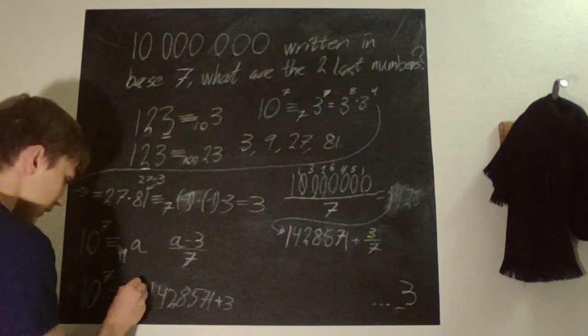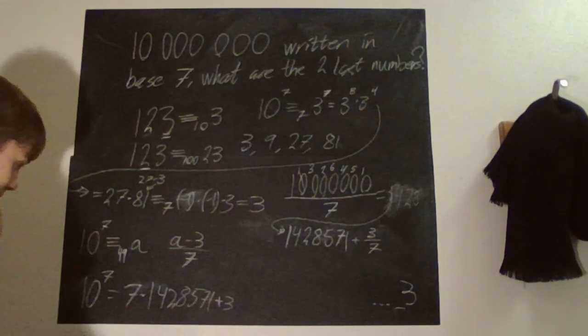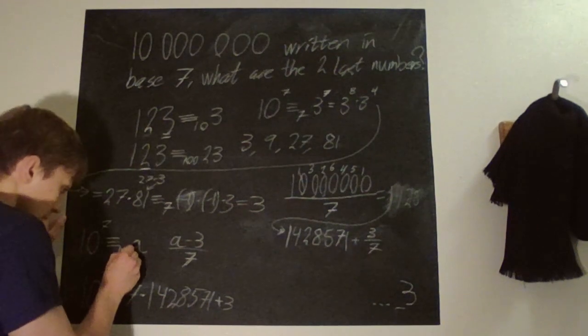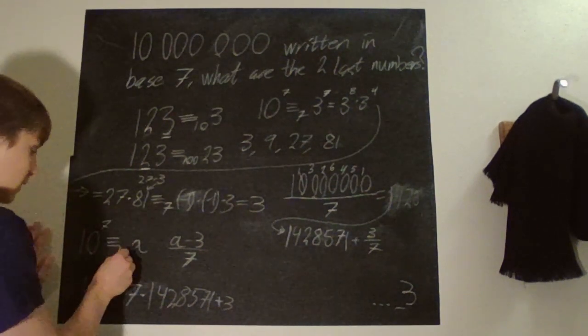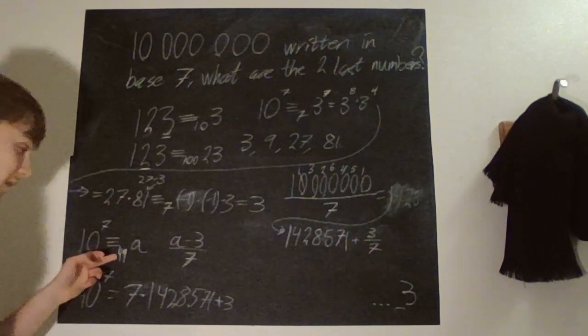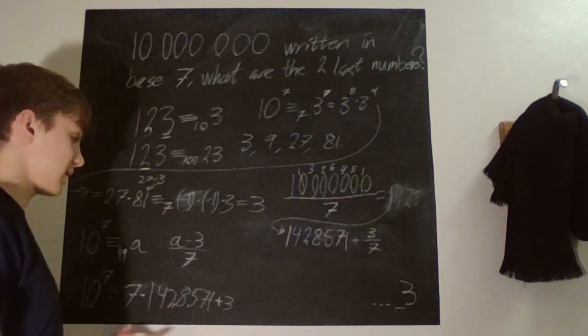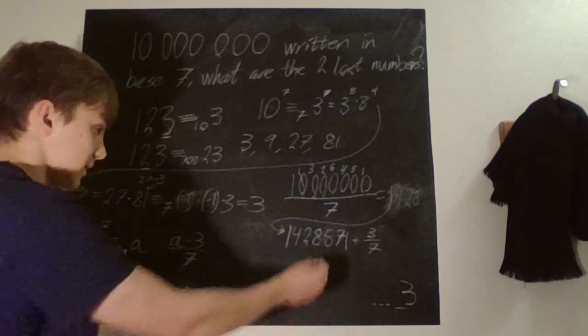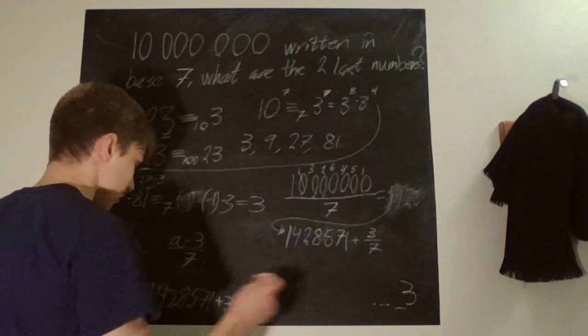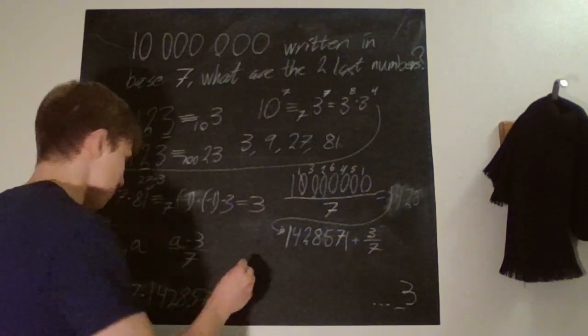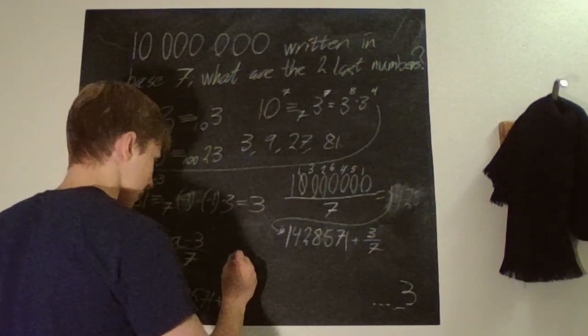Because we want the remainder when dividing by 49, we can just divide this thing by 7 and do some parentheses work.